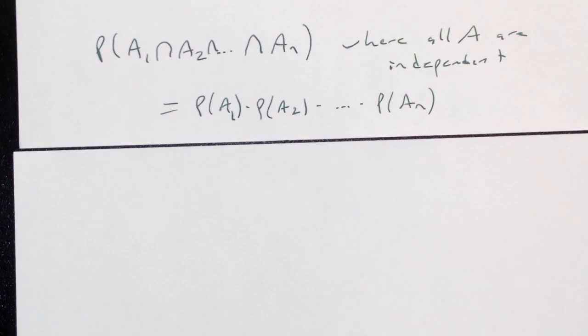Let me make an assumption. I'm going to assume that the server your data is on is 99% not going to crash. Everything will be fine 99% of the time.